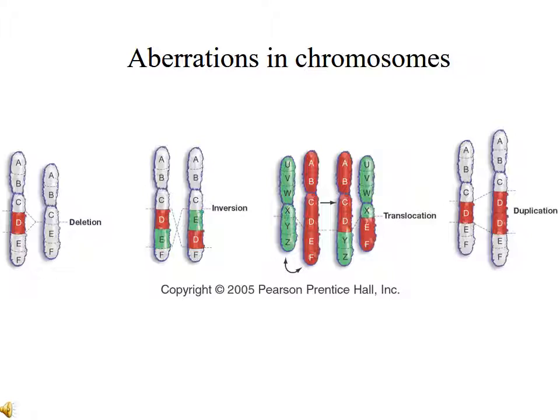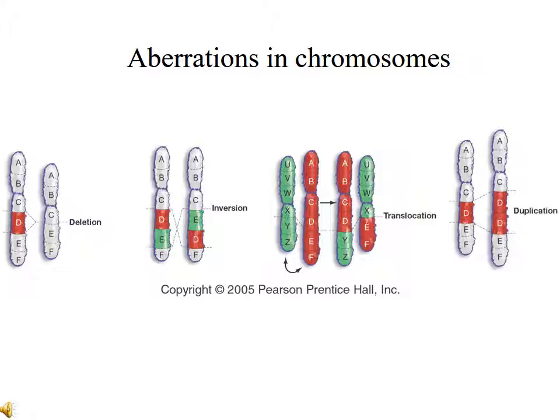An inversion takes place when a chromosome is being formed, but rather than hold true to its sequence of A, B, C, D, E, and F, it goes to A, B, C, E, D, and F. Genetics has to follow a pattern, and anytime you mess up this pattern, problems will arise.